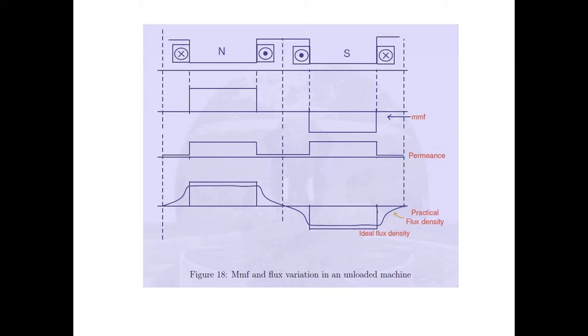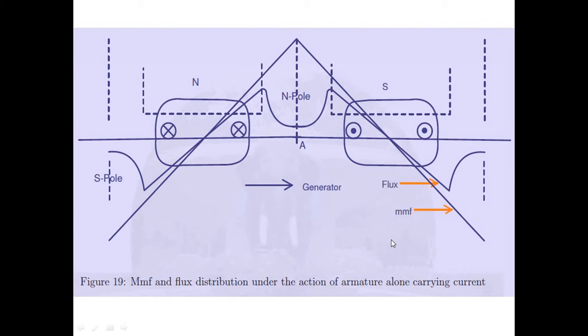MMF and flux variations in an unloaded machine. First we have to mention the MMF and also the practical flux density, that means the ideal flux density. In this figure, the south pole and north pole, the flux and MMF action in a DC generator.